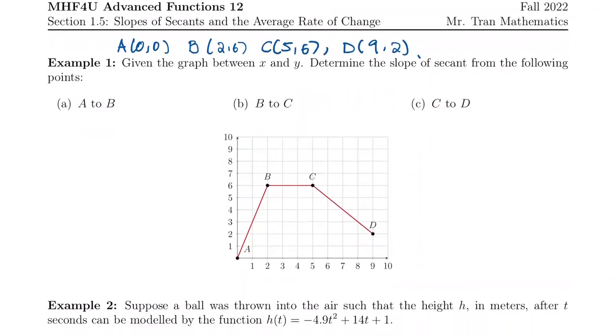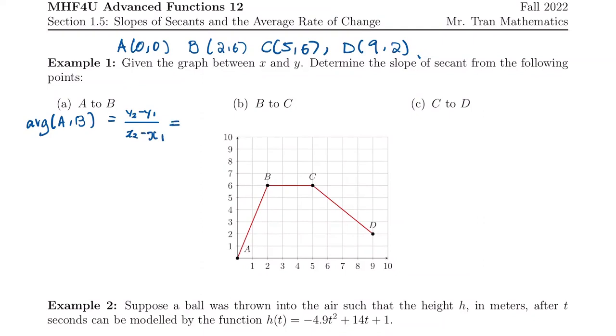So from A to B, let's just say that the average, and then I'll put A comma B to represent the initial and the final point. Basically we take the slope of secant formula and we just calculate the average.